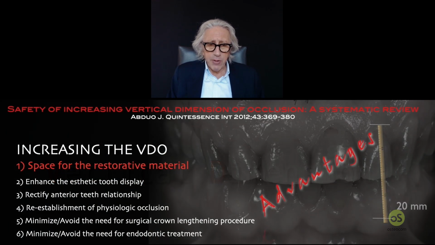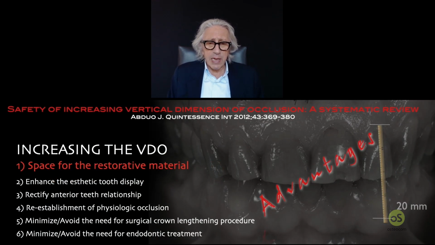And then VDO. We have discussed in another lecture about VDO. We know that we can increase the VDO and we can achieve the space that you need for your restorative material. You can, at this point, increase the VDO, optimize the functionality of these teeth. Why? Because you can recreate the better long axis, and the best overjet overbite ratio.